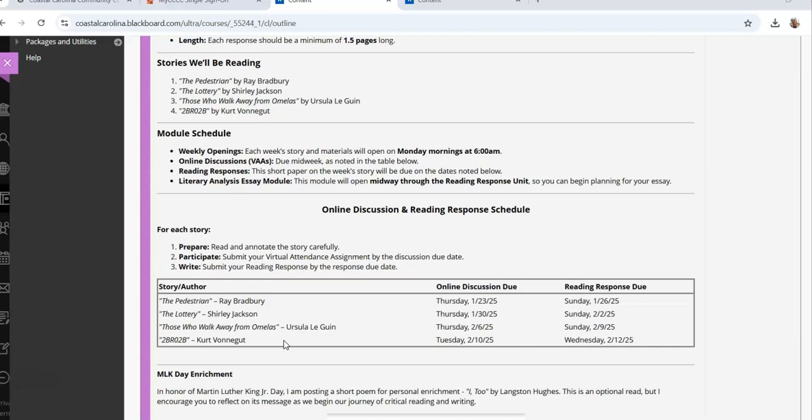So again, you don't have any tests, you don't have any quizzes, you have a page and a half long reading response paper for each story. The reading response paper is a very typical kind of paper that students write in college level humanities classes.